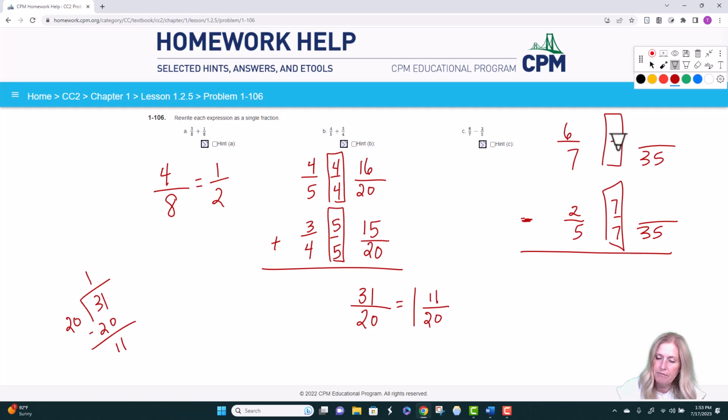And 7 times 5 gives me 35. 6 times 5 is 30. 2 times 7 is 14. I have my common denominator. 30 minus 14 is 16. I don't think that can be reduced, so that's all we need to do for that one.